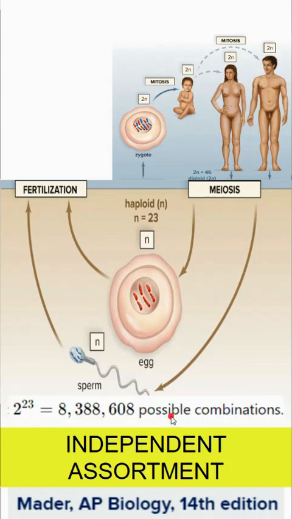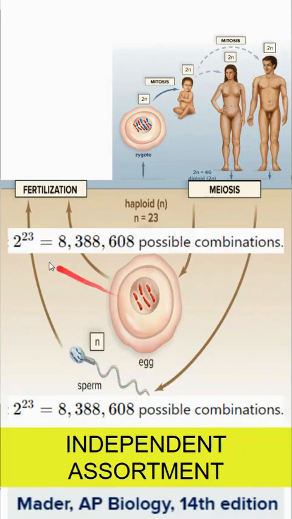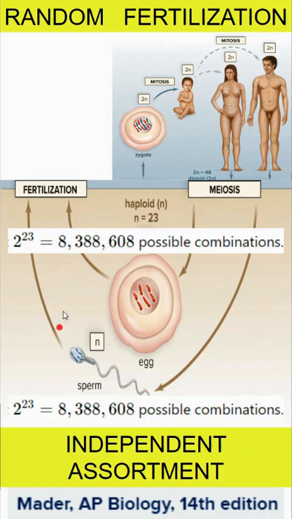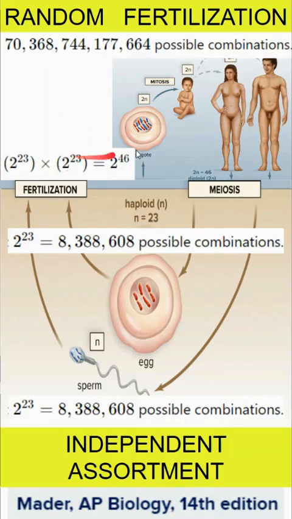Through independent assortment, we can have over 8 million possible combinations of sperm gametes, and over 8 million possible combinations of egg gametes. But then when we randomly fertilize these and take any random egg with any random sperm, we end up with exponential growth. Ultimately, between 2 individuals, you could have over 70 trillion possible combinations to make zygotes.